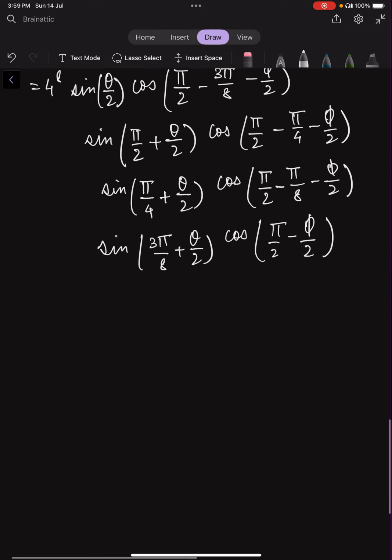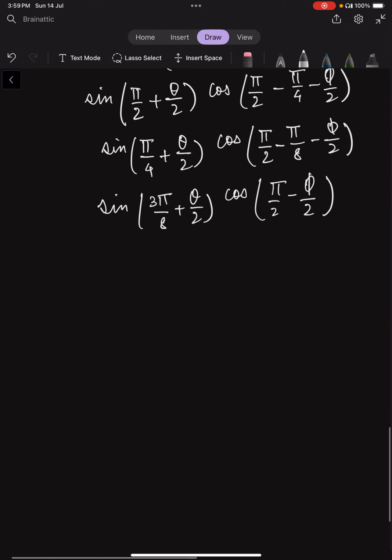So now when you solve this, what you are left with, I'll directly write the end result. This is mostly calculation from here onwards. It's very easy.